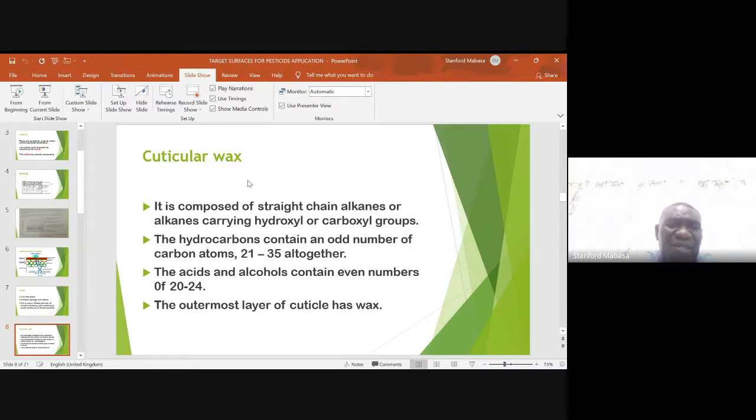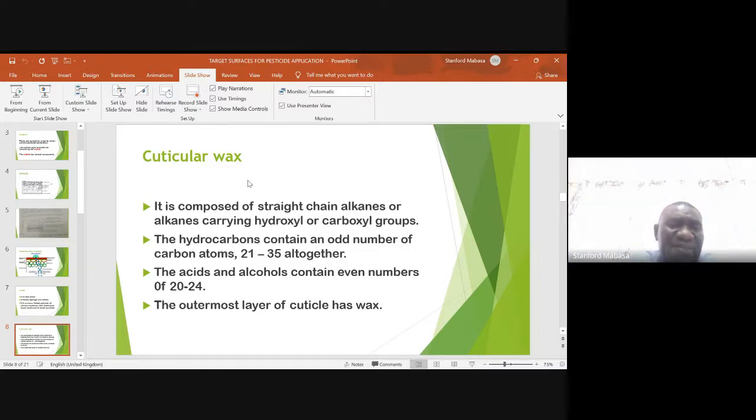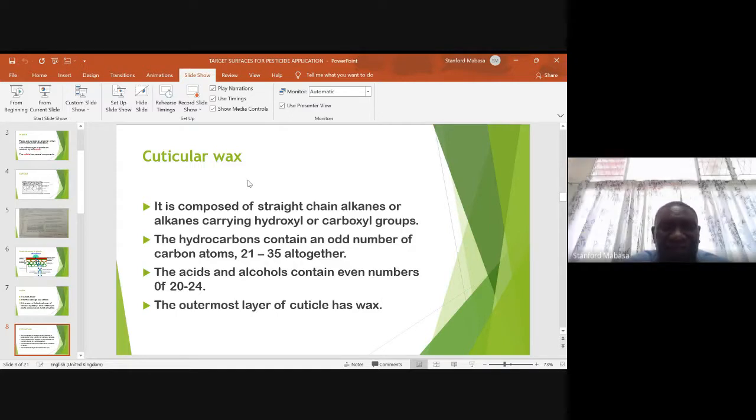Here we're just talking about the chemistry of the wax. It can also contain acids and alcohols, which contain even numbers, 20 to 24. So the outermost layer of cuticle is wax.